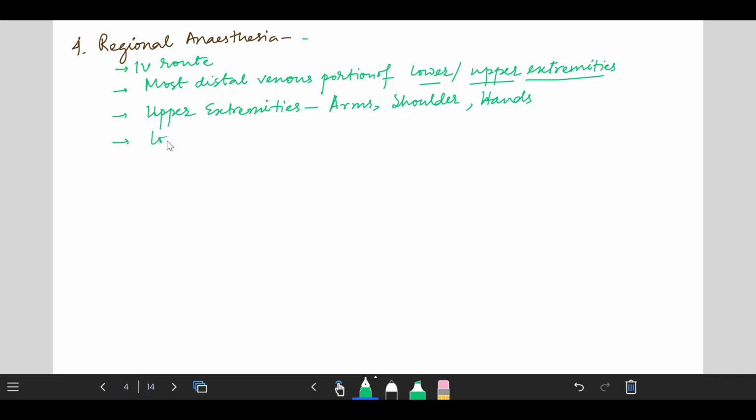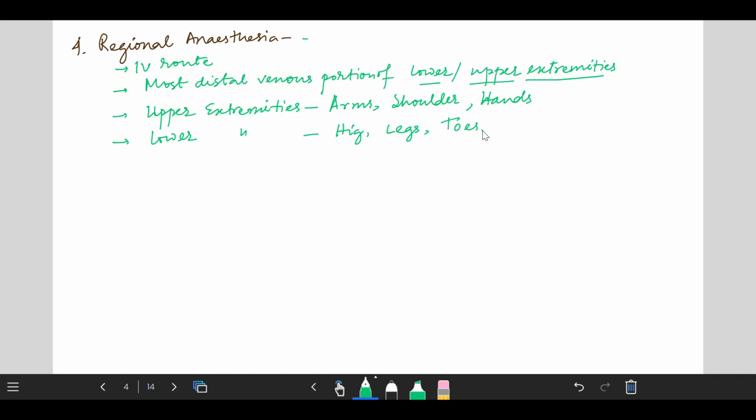And lower extremities are the hip, leg, and toes. It means it is applied for arm or leg surgery.